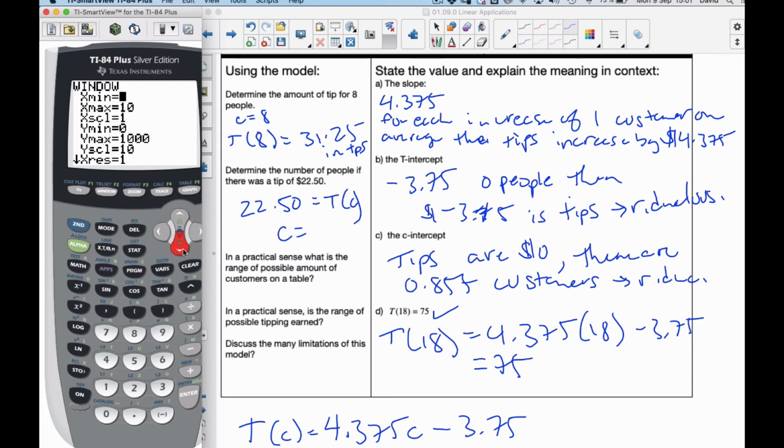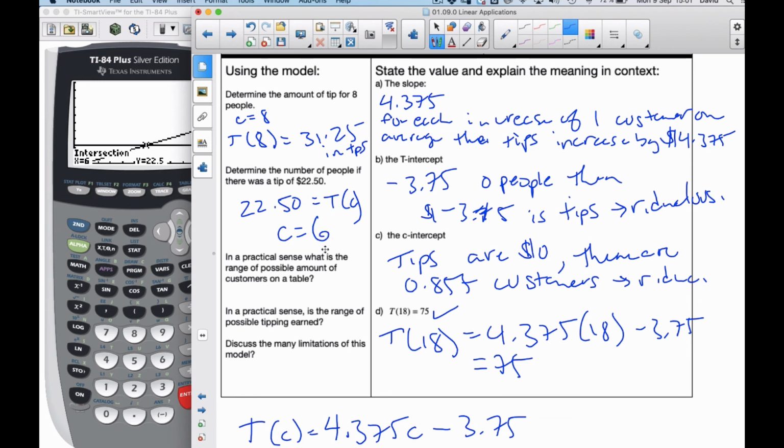Y scale of 10 to 100, so I can see it better. So we'll graph that. And I'm looking for the intersection. And so if I go second trace, I'm going to do intersect. That's my first curve, that's my second curve. And so c should be 6 customers.